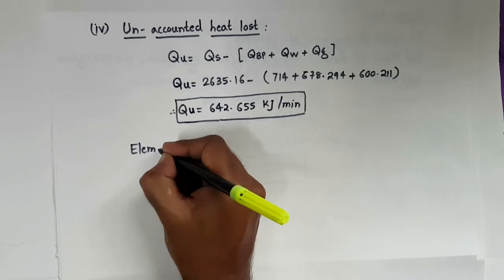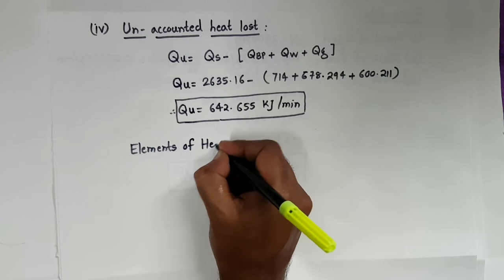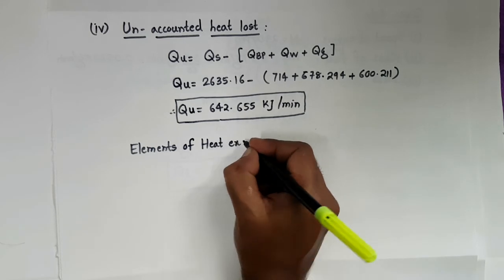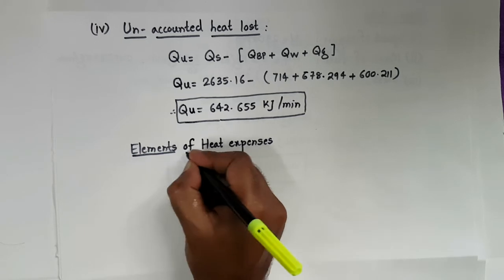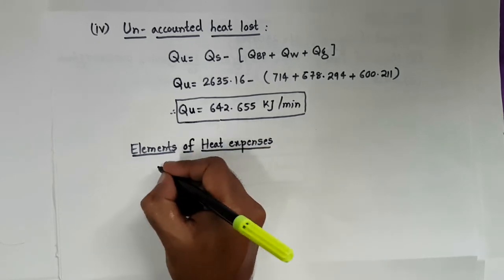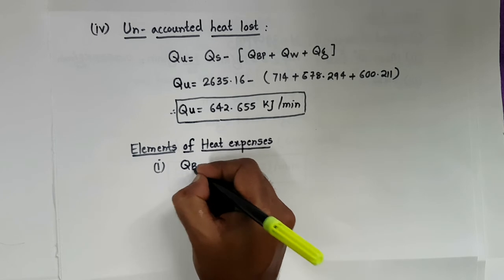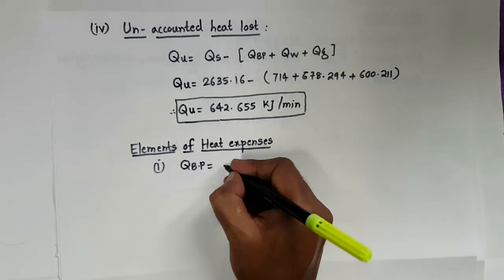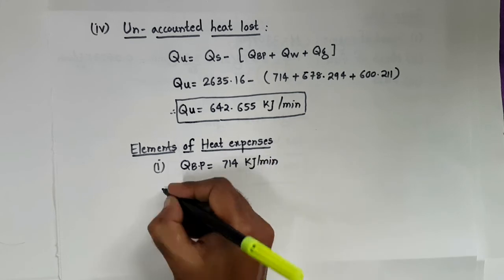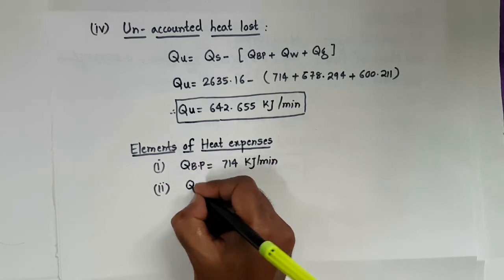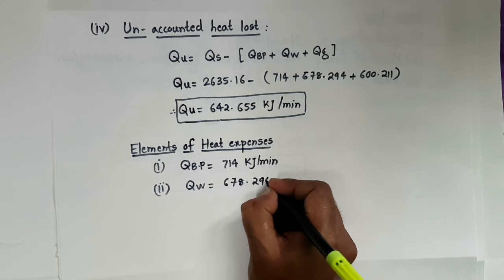These are the elements of heat expenses. In that, first we have heat equivalent to BP, that is equal to 714 kilojoule per minute. Then Q of cooling water, that is equal to 678.294.